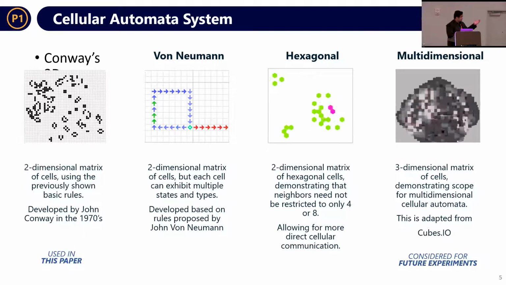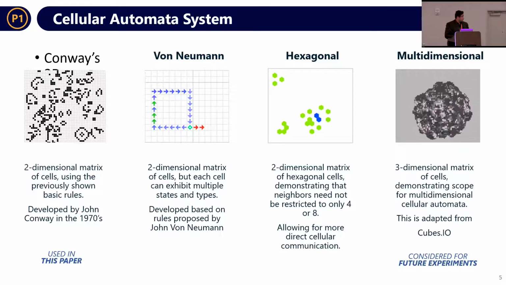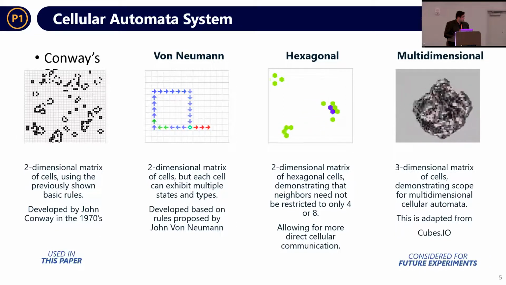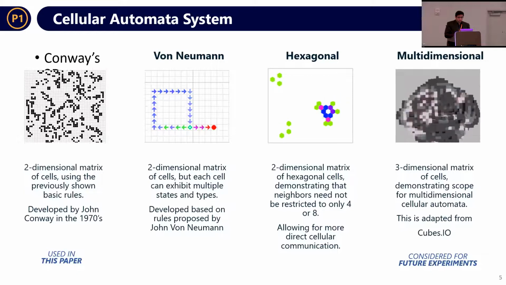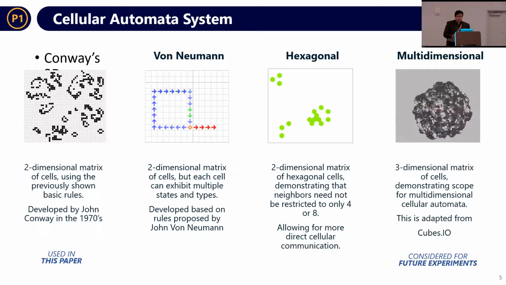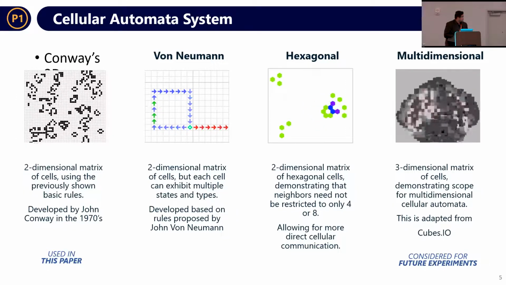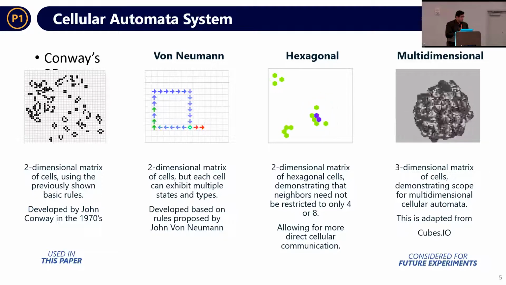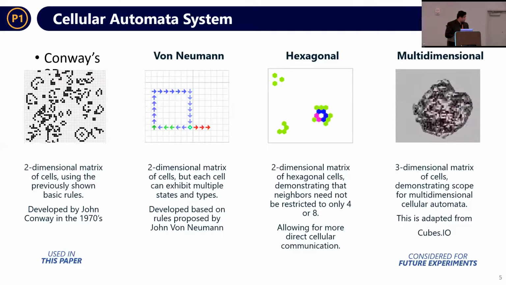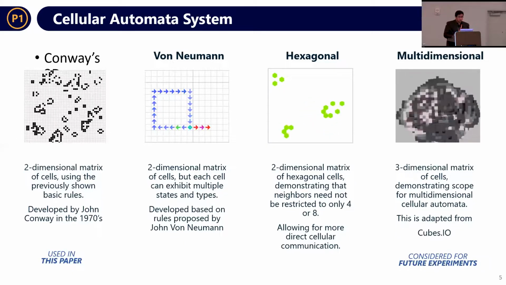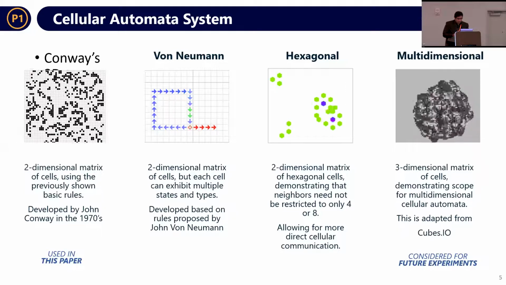It could be a hexagonal system, as we see here, where they have more neighbors, and also it allows for more communication. And then we can have multi-dimensional cellular automata, which operate in more than 2 dimensions. But in our work, we've only been using the two-dimensional cellular automata, and I'll explain why.